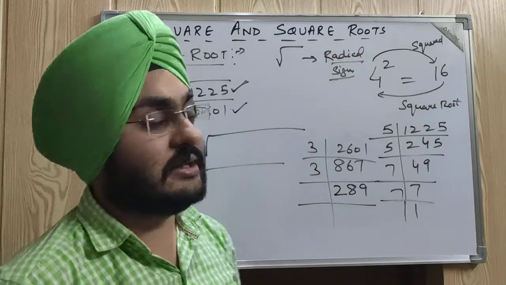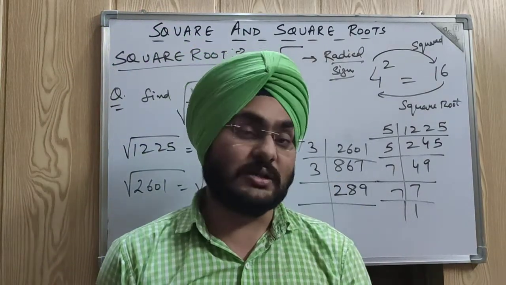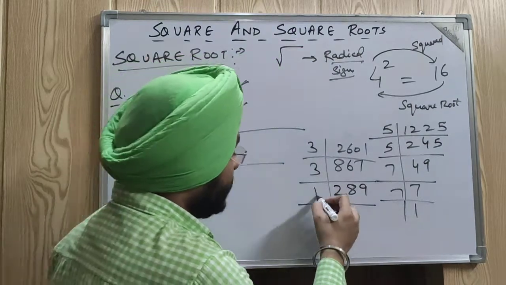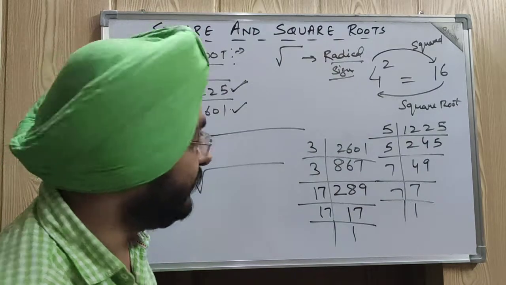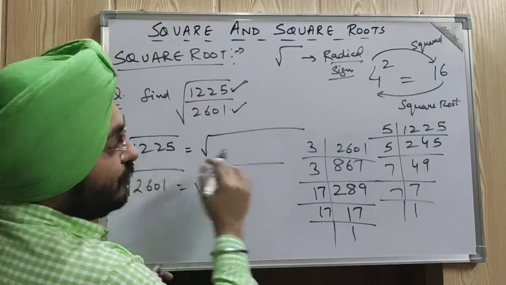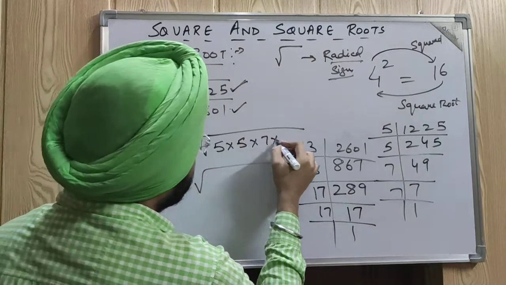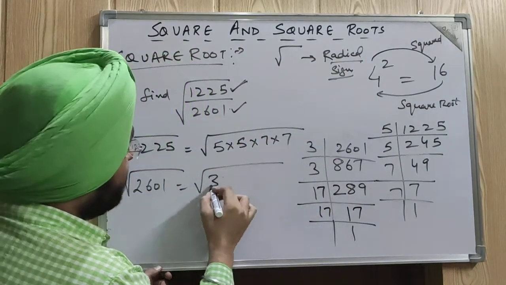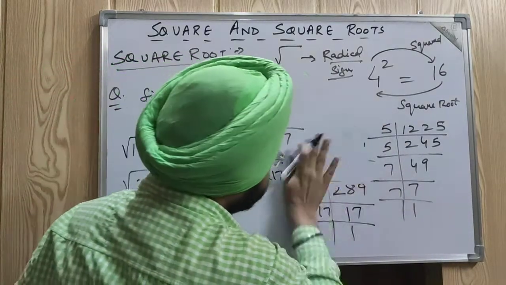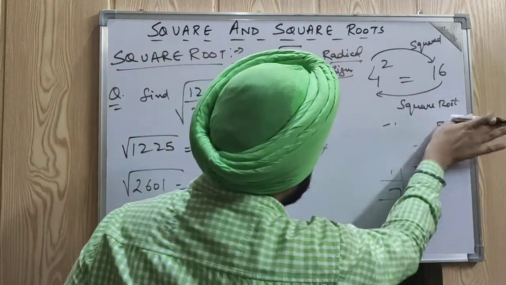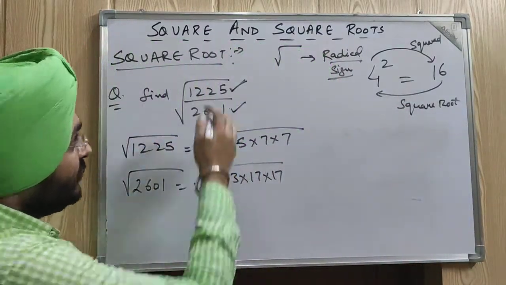I have told you earlier in the previous video also, kindly remember the squares of the prime numbers. This is the square of 17. If you remember it, you can easily solve this. So now the square root of 1225 will be 5 into 5 into 7 into 7, and the square root of 2601 will be 3 into 3 into 17 into 17. So now just make the pairs as you have done earlier in the squares.